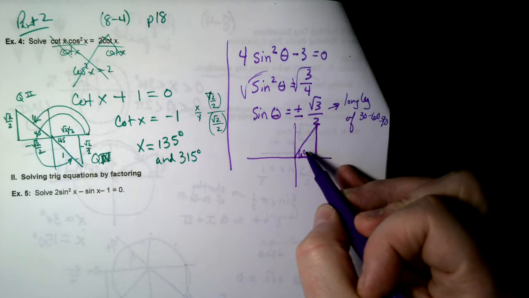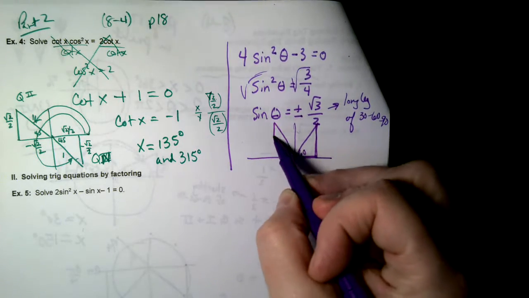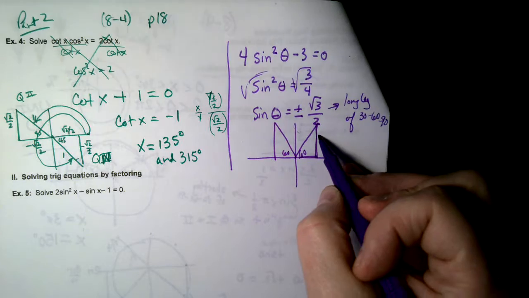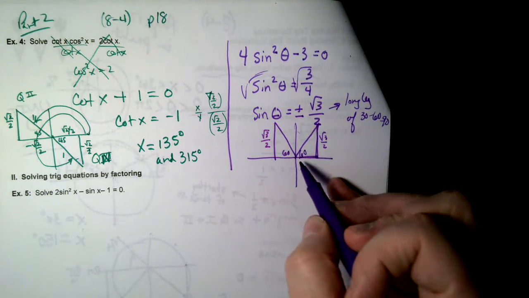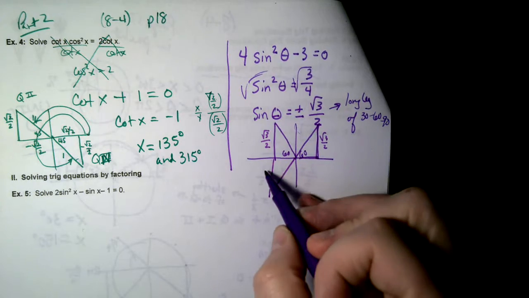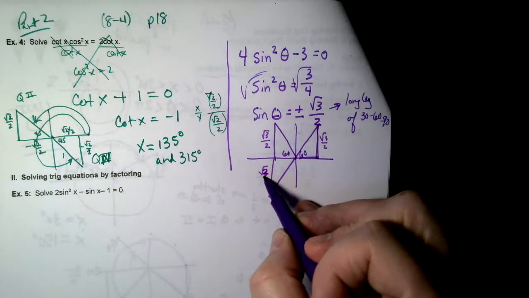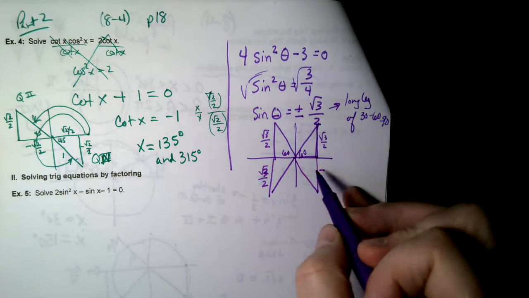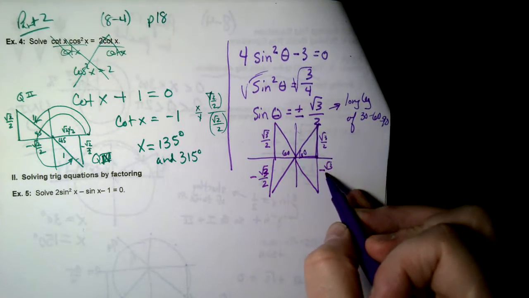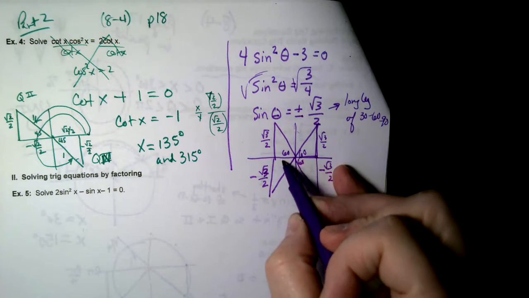That's 60 degrees, so your reference angle has to be 60 degrees. That's square root of 3 over 2. That's another positive square root of 3 over 2. But it can also be a negative square root of 3 over 2 because it was plus minus. So it can be here and here, negative root 3 over 2. 60 degrees is the reference angle.